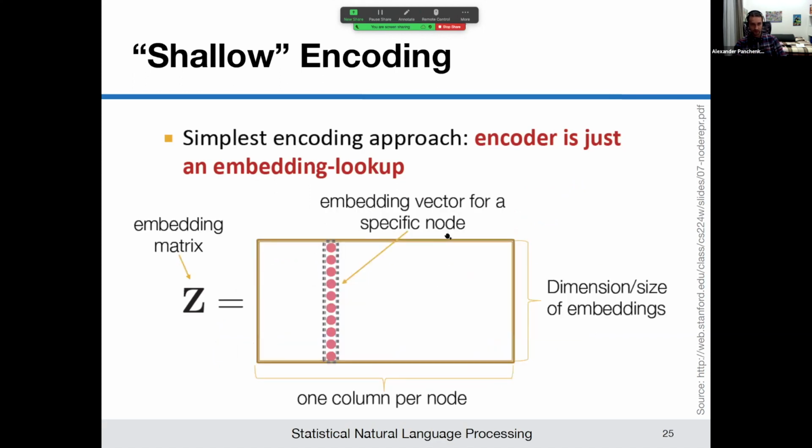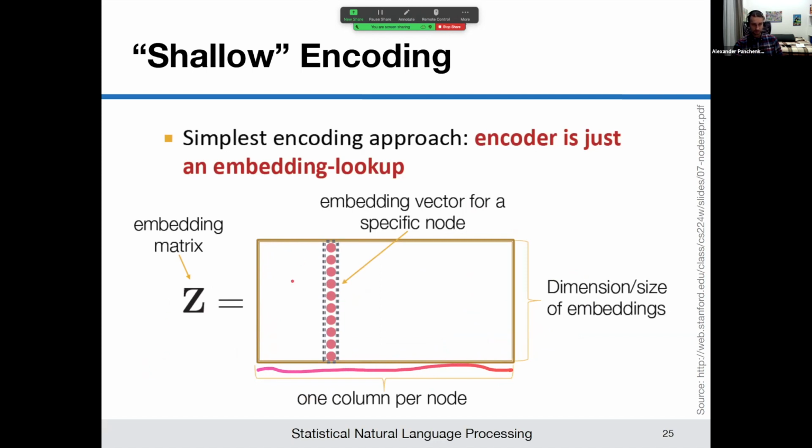All right, so this embedding matrix would look like this. You have as many columns as you have nodes in your network, and then this dimension will be much smaller.